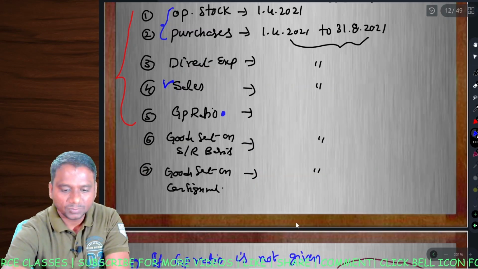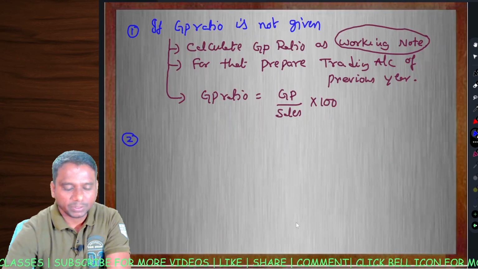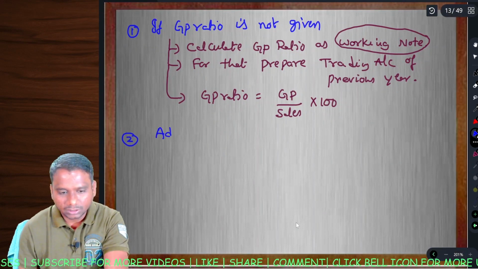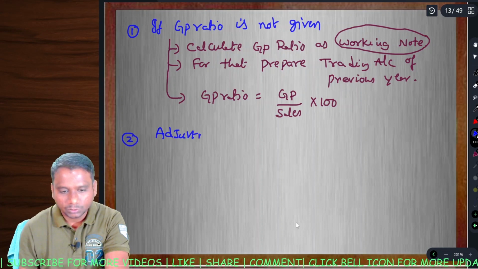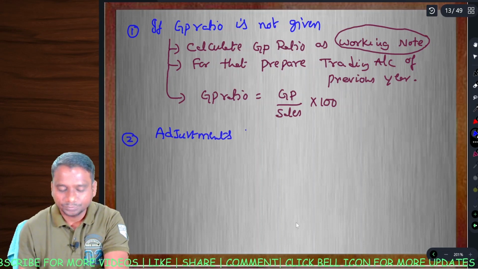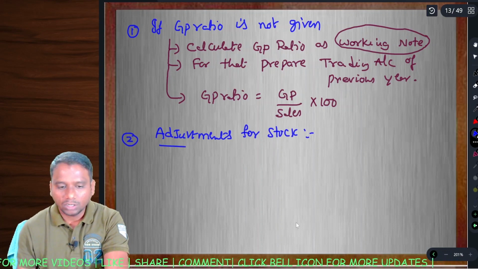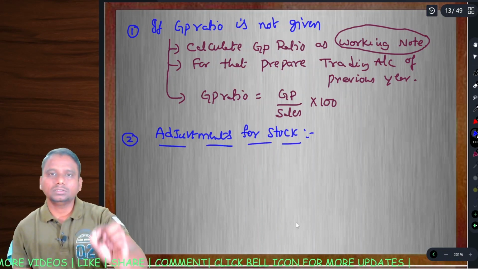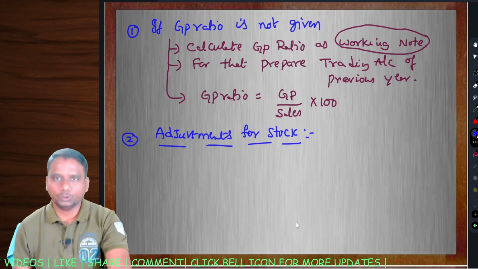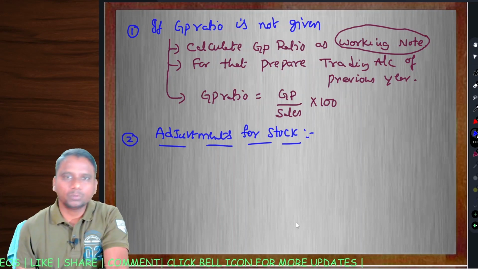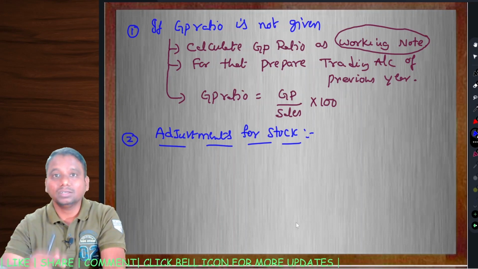Look, it's simple. They will give you certain adjustments for stock. So one way of twisting the problem is by not giving the GP ratio. Another way of twisting the problem is adjustments for stock.